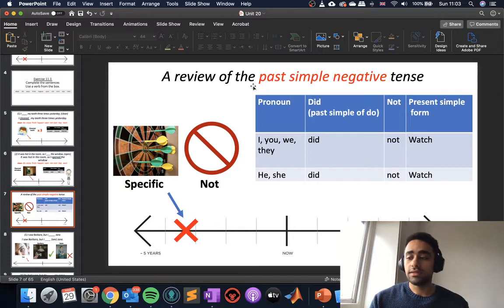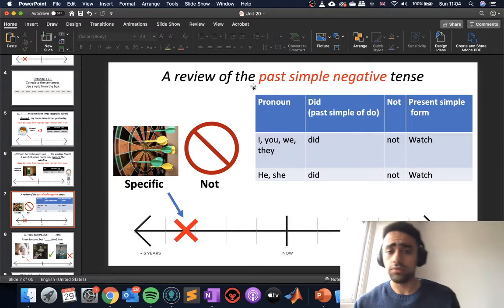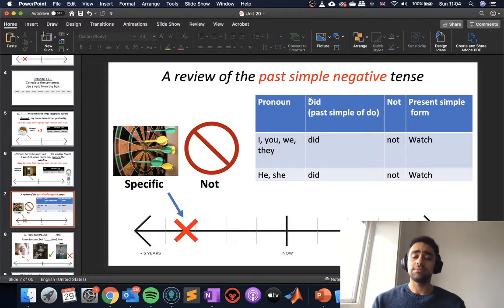If we want to have a negative form of the past simple, then before the verb we use did not or didn't. So we have our subject here.